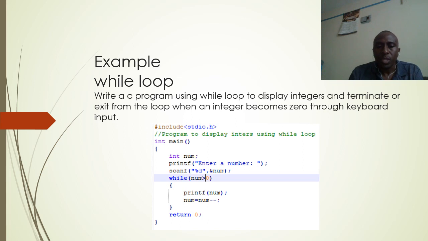So it means this program will execute all these statements if num is within the range greater than 0. If it becomes 0 or less, then the program will terminate.